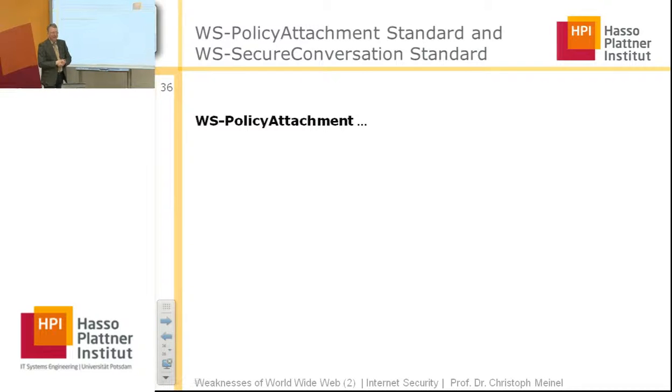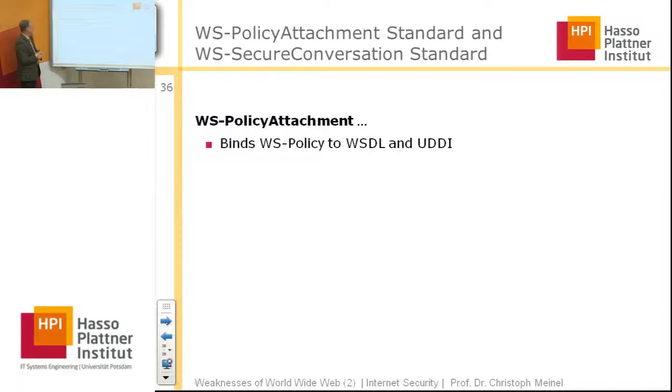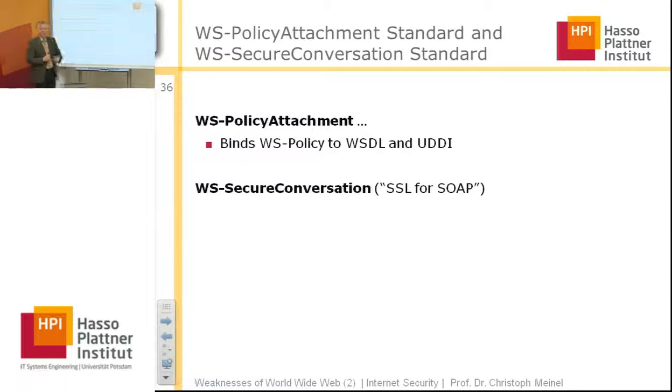Then there is a policy attachment standard and a web service secure conversation standard. The web service policy attachment binds a web service policy to WSDL or UDDI, beside the SOAP protocols, the two other columns of the web service standard.